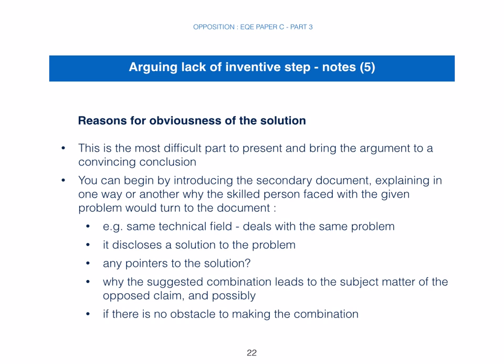You can begin by introducing the secondary document, explaining in one way or another why the skilled person faced with a given problem would turn to the document. You may want to say that it's in the same technical field, it deals with the same problem, it discloses a solution to the problem, it has possibly pointers to the solution, why the suggested combination leads to the subject matter of the opposed claim, and possibly that there is no obstacle to making the combination if that happens to be the case.